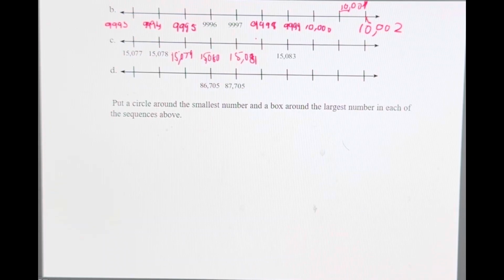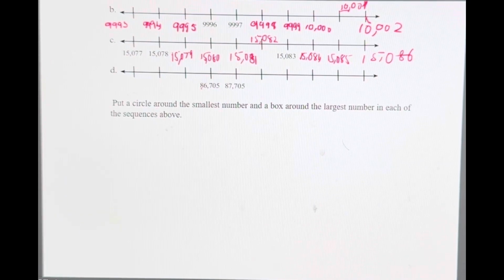I can write this number here, 15,082. This is 15,083. So next would be 15,084. This is 15,085. Very simple, they are just counting numbers. Then 15,086.